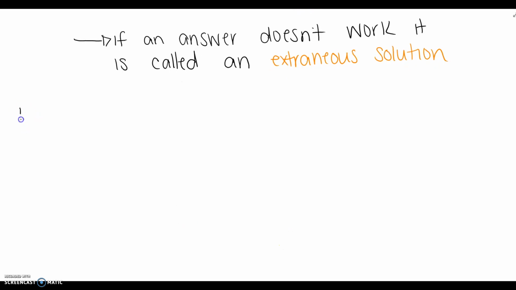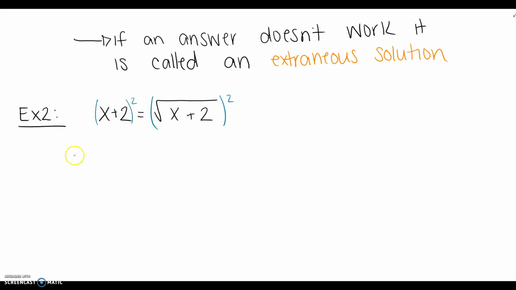So let's do another example together. And then you'll do one more you try. So x plus 2 equals the square root of x plus 2. So, first things first, square both sides. Don't forget to double distribute. Don't try to do weird, not legit math things.